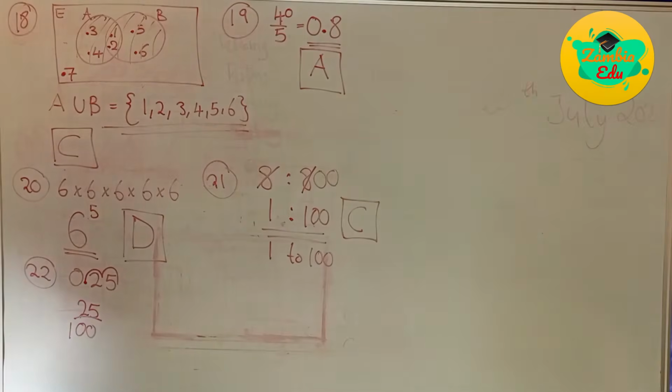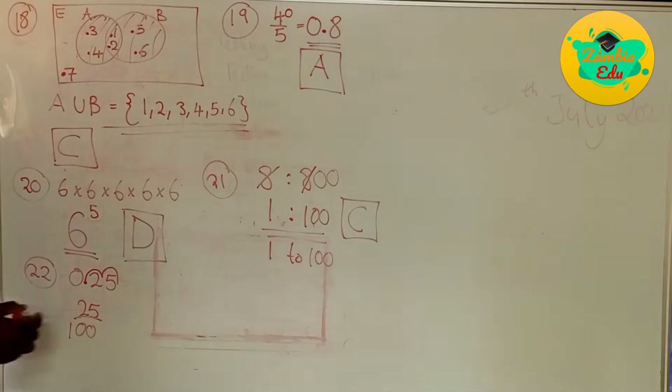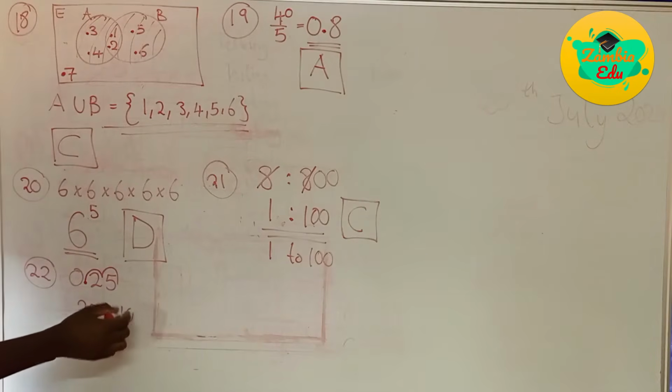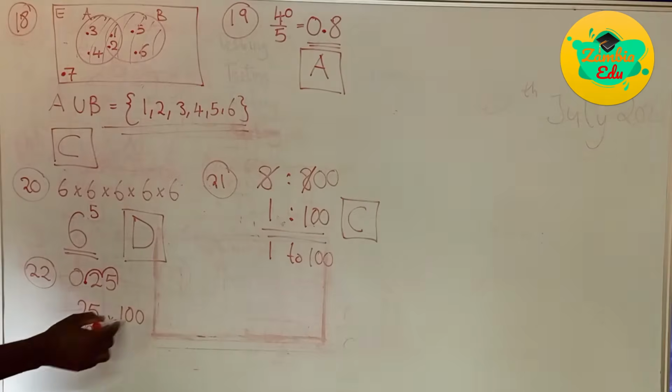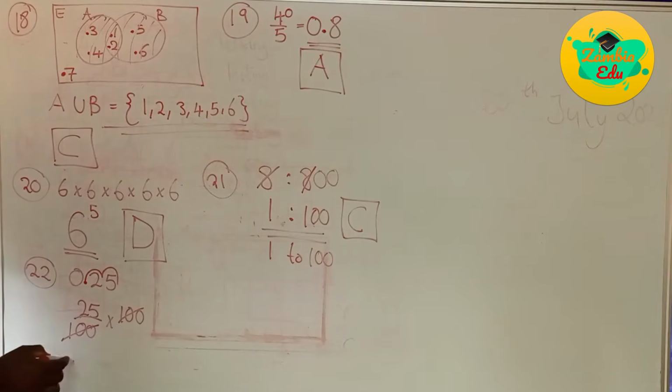So that is a fraction. This fraction can now be multiplied by 100, and 100 and 100 will cancel each other, so we remain with the 25 as our percentage.